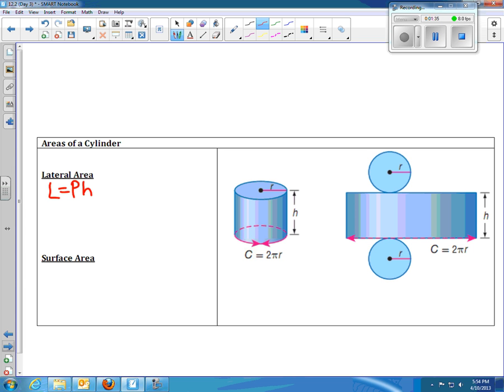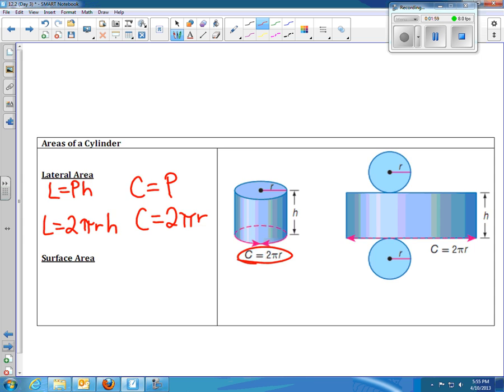And so how can you find the distance around a circle? Distance around a circle is circumference. Remember that back from chapter 10. And so that's what our perimeter is equal to. And circumference formula we see right here is 2 pi r. So instead of using p for perimeter, we actually can put in 2 pi r times the height.